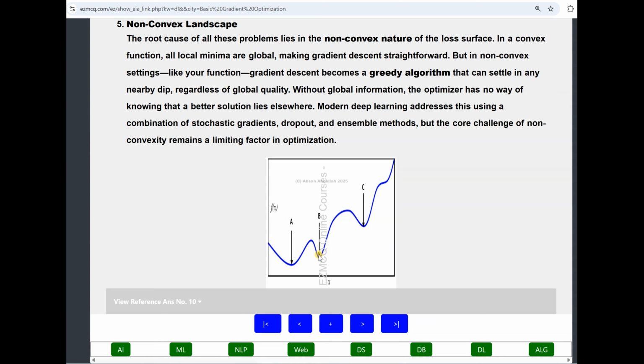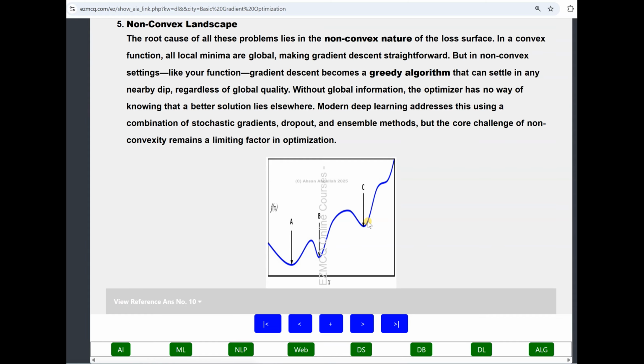This is not global. And this minima C is also not global. So as we move in this direction or change the weights, there are always chances of getting stuck in those local minimas.